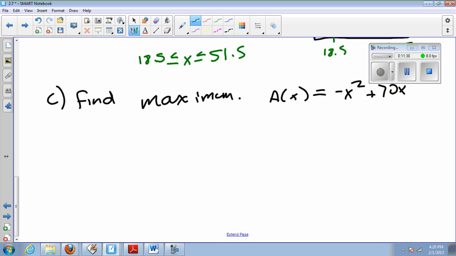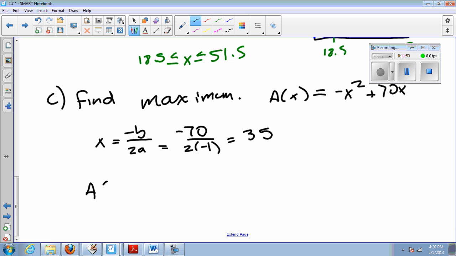We need to find our vertex. Negative b over 2a. So negative 70 over 2 times negative 1. This goes to 35. So now we need to find the area at 35.